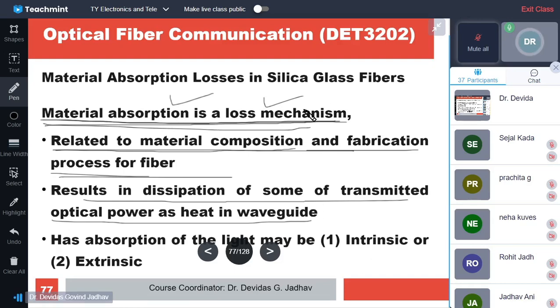Energy is absorbed by the material. Energy can neither be created nor destroyed. The photons cannot be destroyed by the material. So absorbed means the energy is absorbed by the atomic structure. That may release the electron and that may cause lattice vibration. That lattice vibration, molecular vibration, is optical to mechanical conversion.